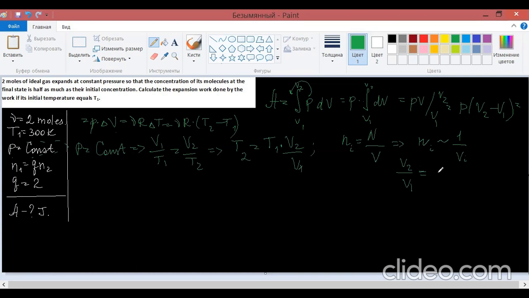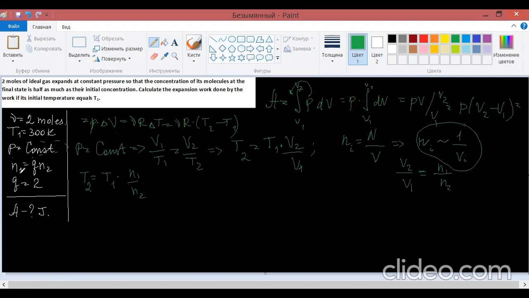And that will be n1 over n2 because of this. So we can write that the temperature of the gas at the final state is equal to T1 times n1 over n2, where small n stands for the concentration of the molecules of the gas.